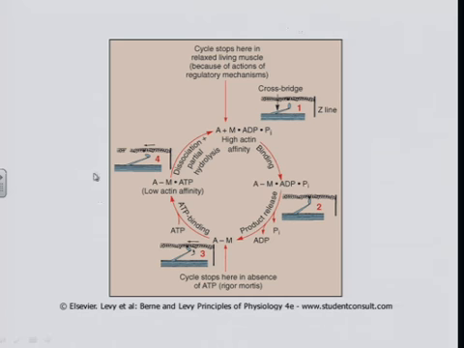If you are so unfortunate as to be dead, you get into this state. You have no more energy, so you can't relax this and unbind from this to reprime. Because you have no energy, you stop here in the absence of ATP.